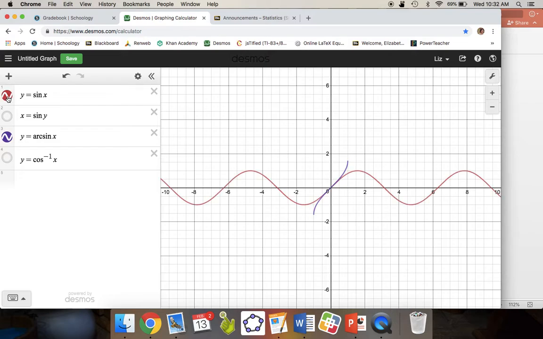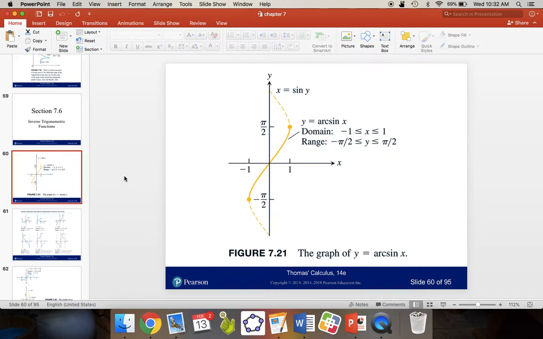It's taking only a piece of this sine graph and saying, let's work with just that one piece. And then when we inverse that, we will still have a function. That's what this is talking about here. If we worked with the whole of the sine function, it would keep on going and that would cause a problem.